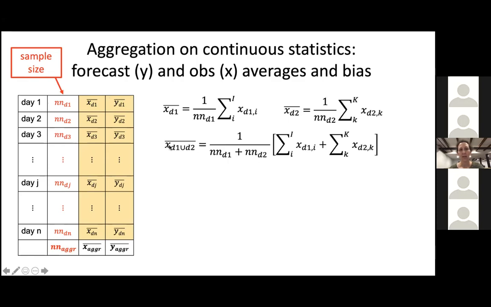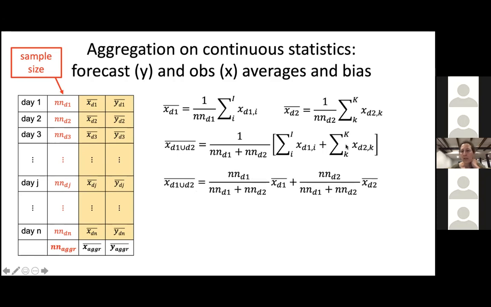We start with 2 days, just to make it simple. The average of day 1 and day 2 together is given by the sum of all the values of day 1 and day 2 divided by the sum of the 2 sample sizes of day 1 and day 2.